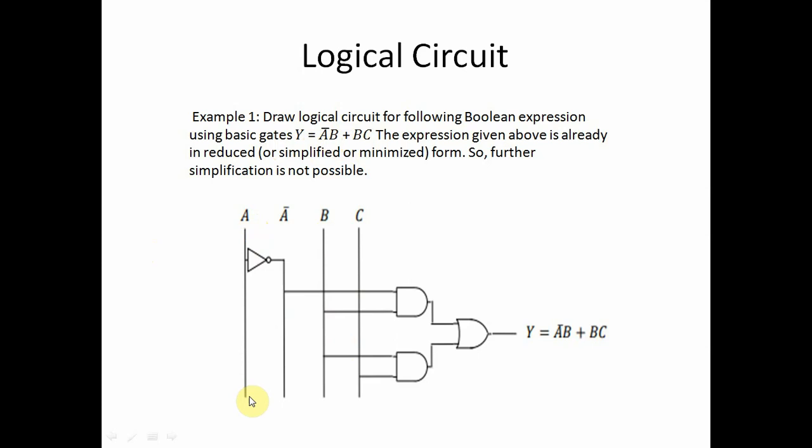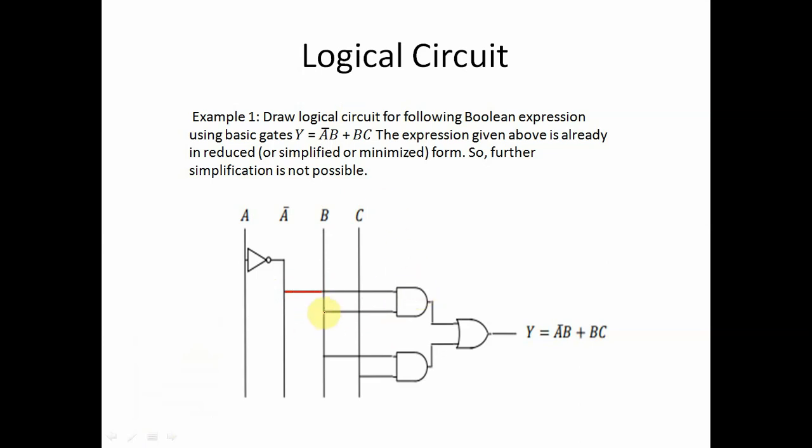Here I take A, and this one is A bar, obtained using a NOT gate. Now the first term is A bar, so writing A bar here.